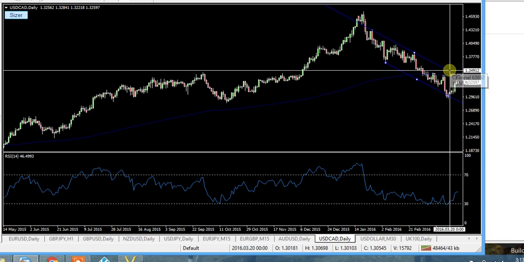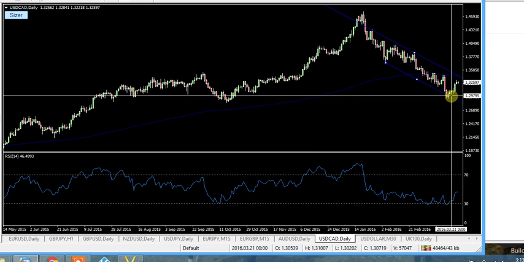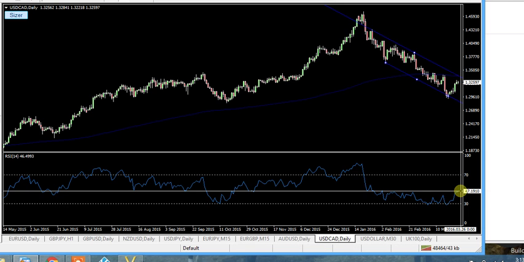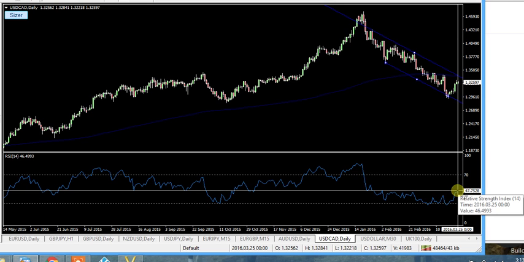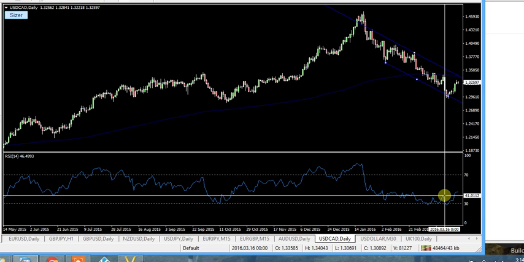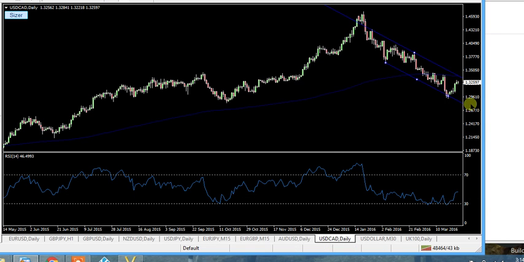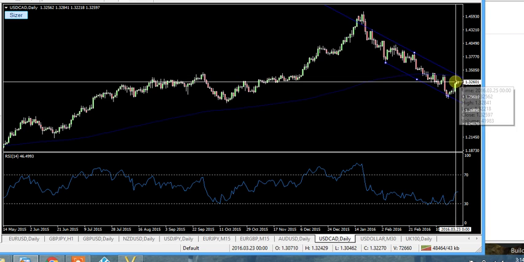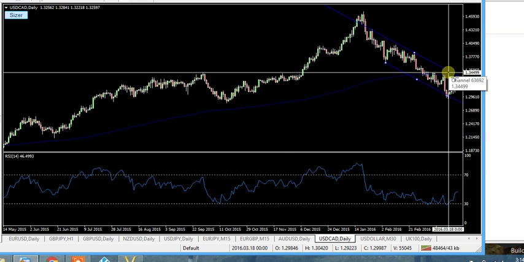Of course, it's still under the 200 EMA, and as you can see, the RSI is showing a divergence because at the moment it's at the 47 mark, whereas back here it was around the 40 mark, and on the actual price action it was higher. So we will be wary of that.